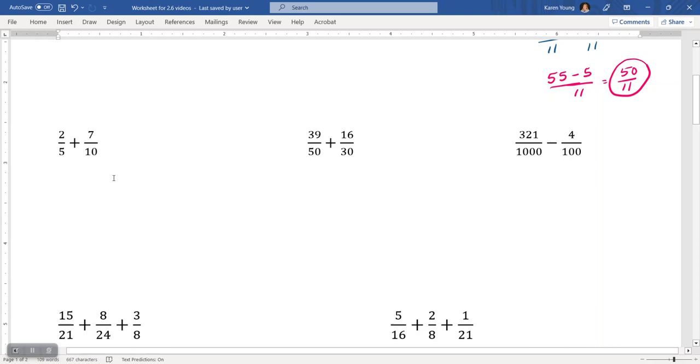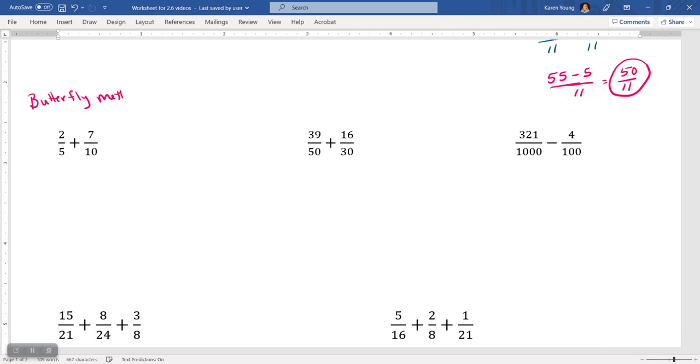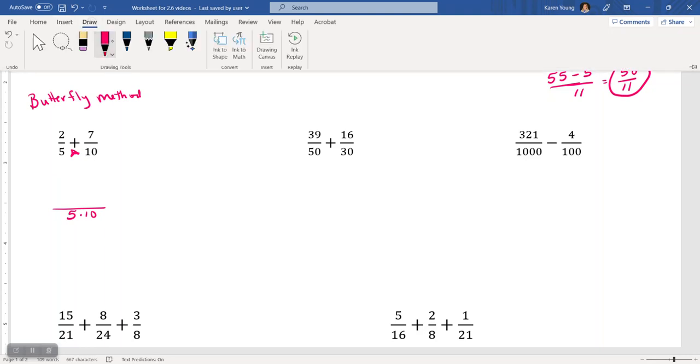All right, I'm going to teach you a different process for when the denominators aren't common. I want to find a common denominator. I can do it 2 or 3 different ways, but the easiest way to me is what I call the butterfly method. So I'm going to multiply the denominators together, and I want to get 5 times 10, and then I'm going to cross multiply on the numerator.